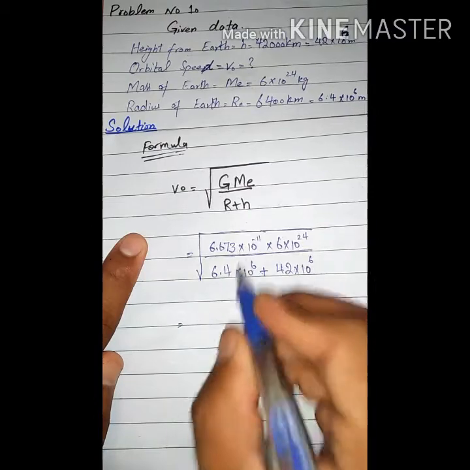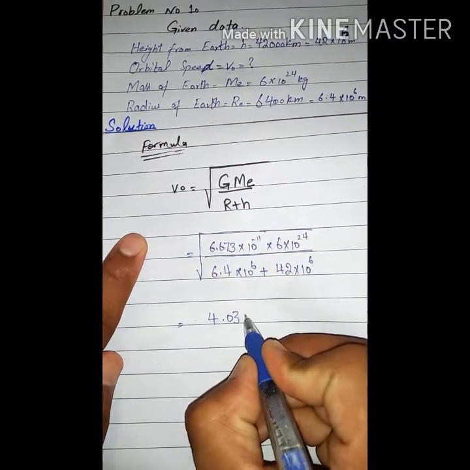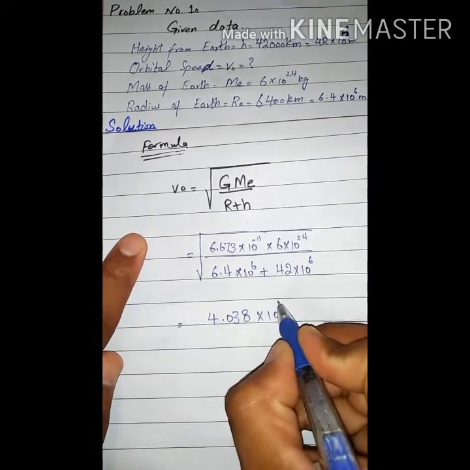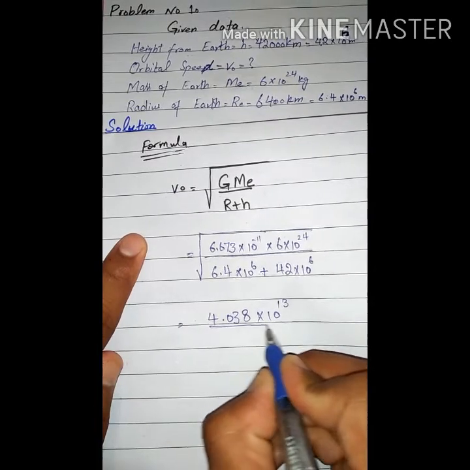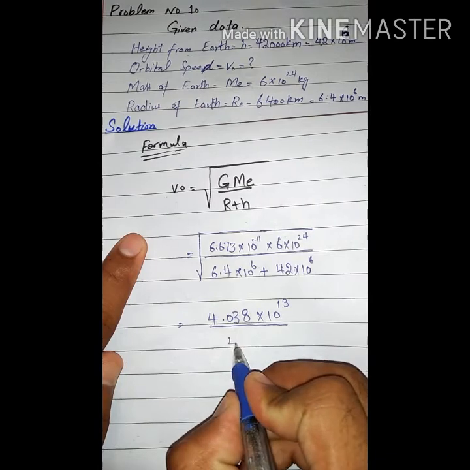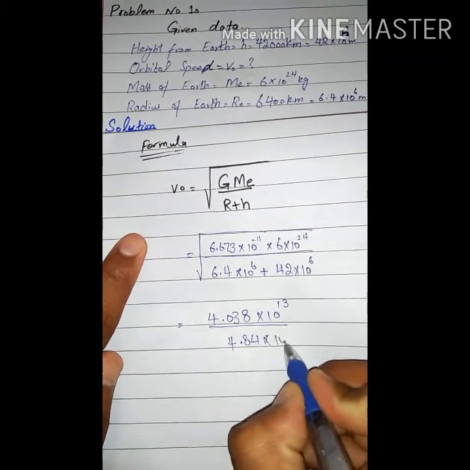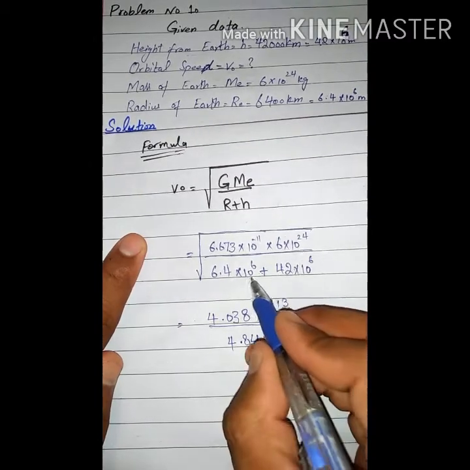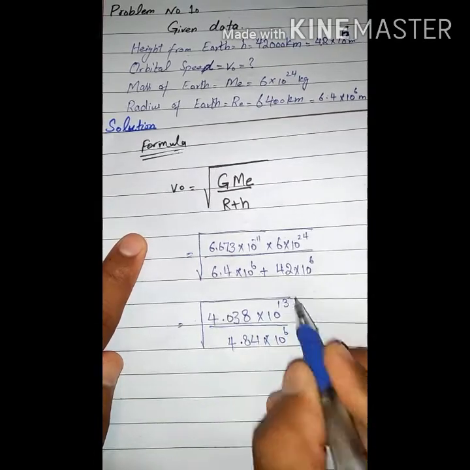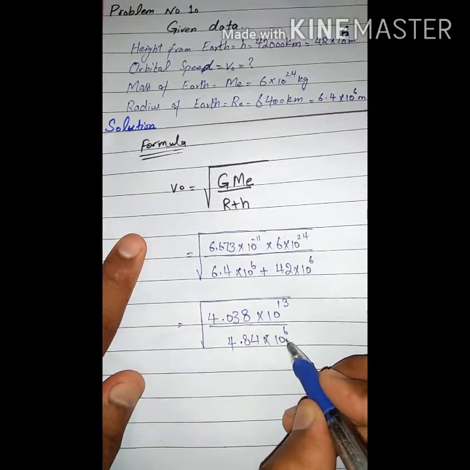So by multiplying both values we will get 4.038 multiplied by 10 to the power 13, divided by, adding these values, 4.84 multiplied by 10 to the power 6. Here in the addition the power of ten will not be added, because these are two terms, not in the form of multiplication, that's why the same power remains.